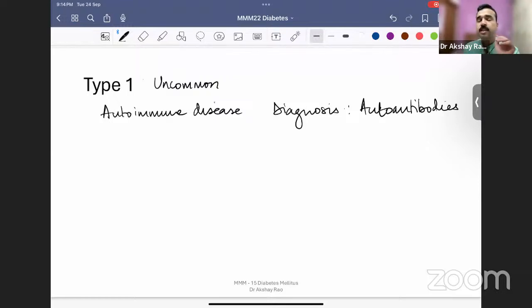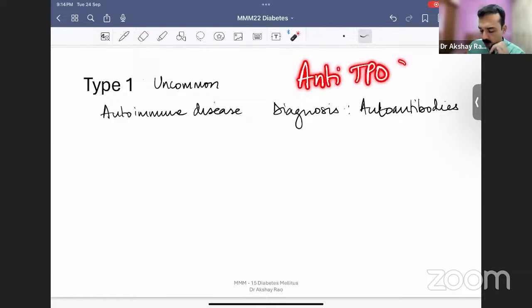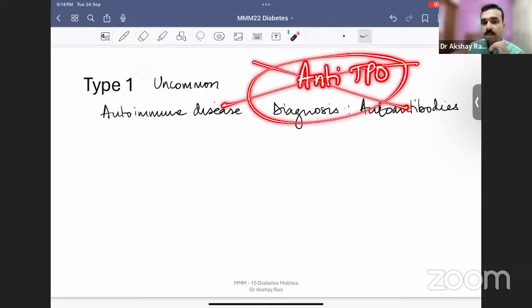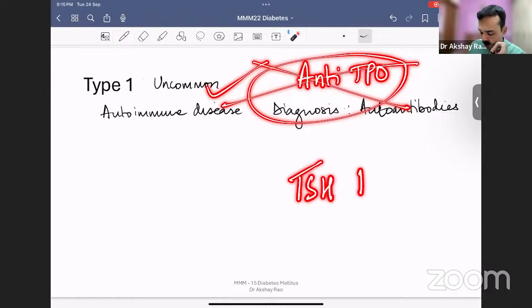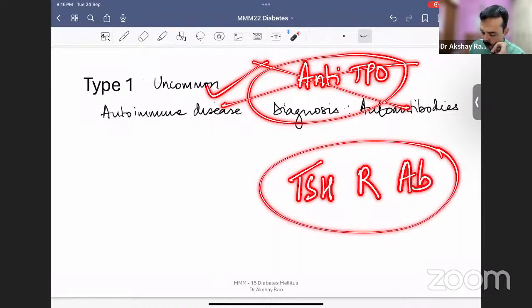Like we discussed about hypothyroidism, in Hashimoto's, anti-TPO is not responsible for the actual manifestations, but you can use it for diagnosis. Unlike that, the TSH receptor antibody, TRAB, you can use for diagnosis and it is also responsible for the manifestation.